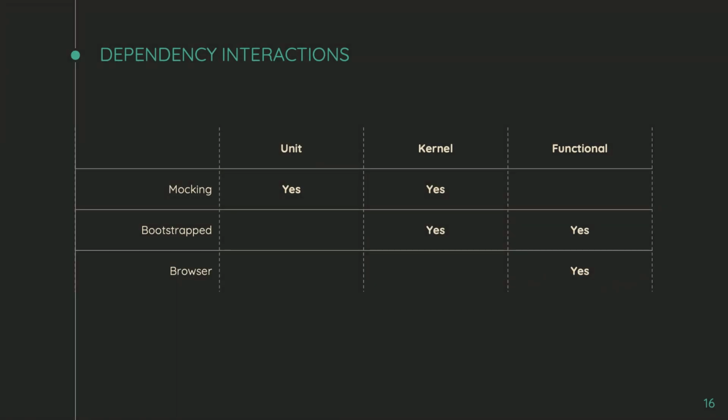And the different Drupal test types, unit, kernel, and functional tests, interact with dependencies differently. Unit tests, you do a lot of mocking. Who's familiar with mocking? Okay, so for those who might not be familiar, you're essentially spoofing the inputs and outputs of your classes, and you have to basically build all your dependencies right in your code.